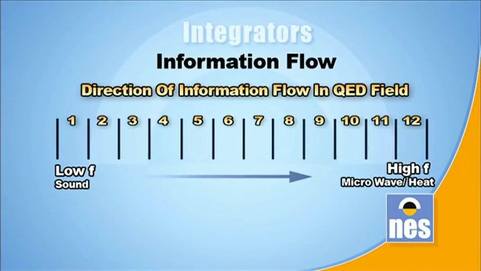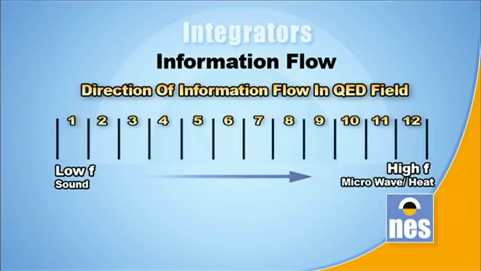The energy flows from 1 to 12, that is from very low frequency, 0 hertz, right up to the highest possible frequency, which is about 10 to the 12th hertz. It's just around the area of microwave, just before we get to heat, just before we get to light. We get to light at about 10 to the 15th hertz. So if we're very, very low, we're down in the sound region. So we're sort of going from sound to very close to light.